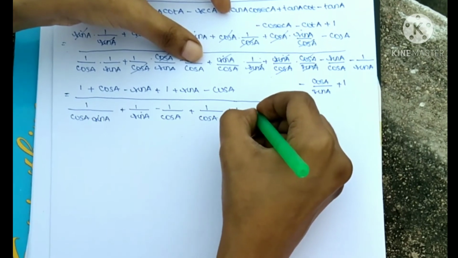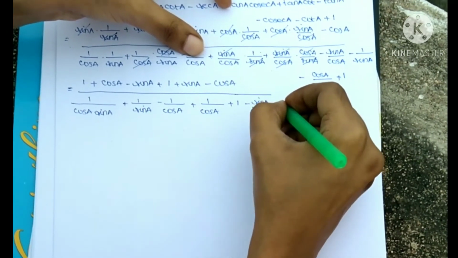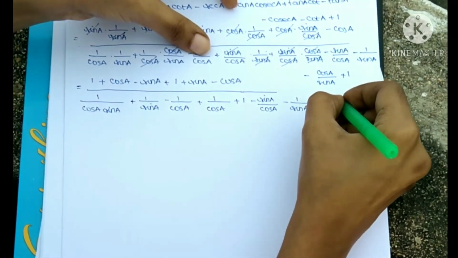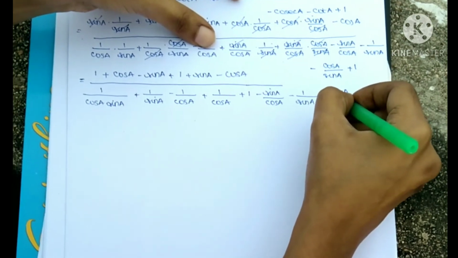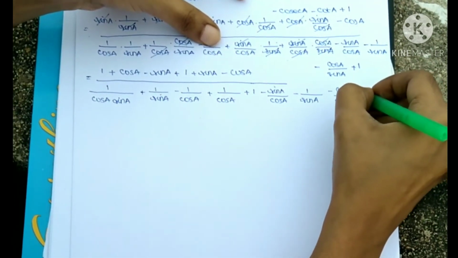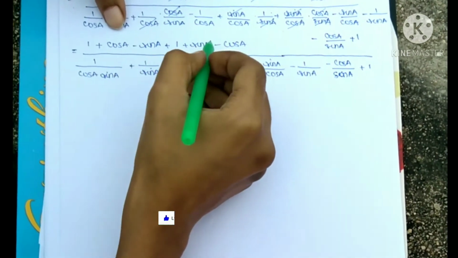And see here minus sin A and cos A, these are all remaining. Minus 1 by sin A keep remaining. Minus cos A divided by sin A also. Oh sorry, yeah, sin A, I forgot. This remains plus 1. Okay, this is the denominator.